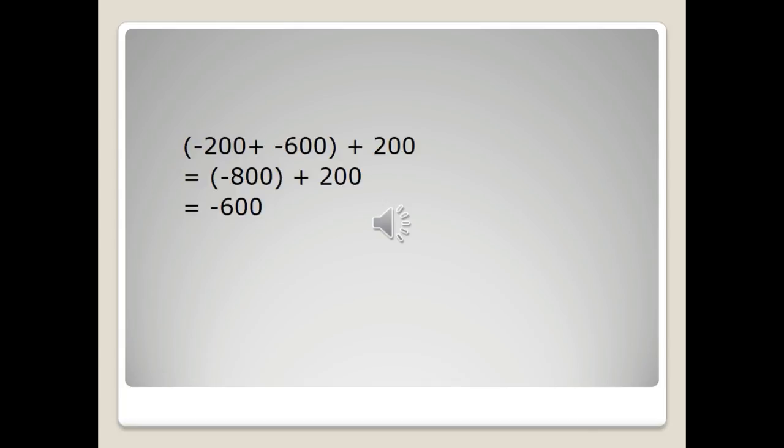Negative 200 plus negative 600 is simply negative 800 since they have the same sign. Bring down the positive 200. So we will proceed: negative 800 plus 200. We will use the rule in adding integers having unlike signs. So negative 800 plus 200 is equal to negative 600.